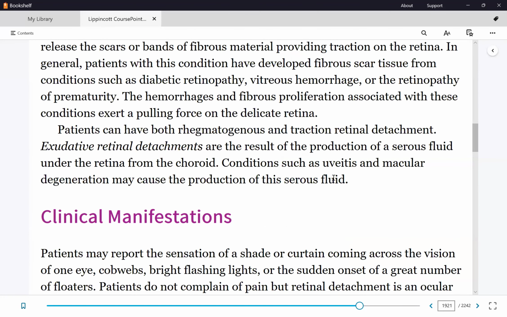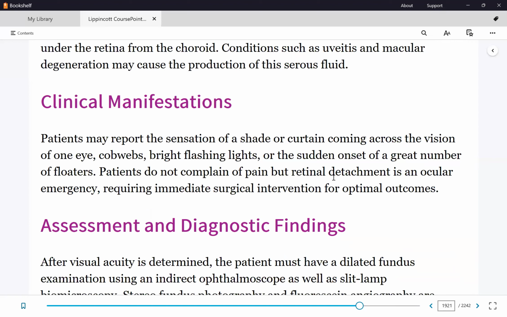The floaters here are actually pieces of red blood cells, because it causes bleeding. Those floaters are blood cells that go in front of your retina, and that's what the patient complains about. Usually no pain, but if there are floaters and flashing bright lights, is this an emergency? Yes, we need to fix it right away.